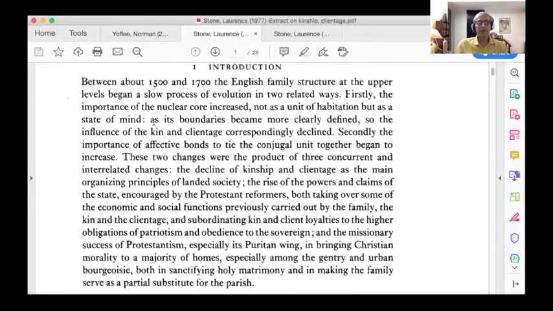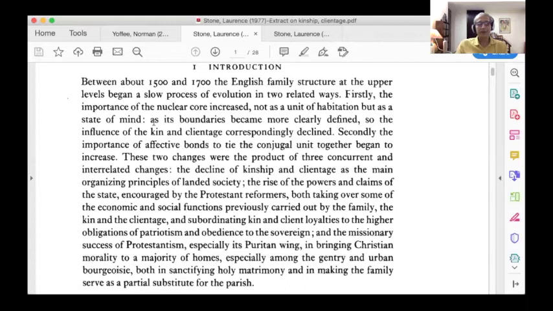Firstly, the importance of the nuclear core increased, not as a unit of habitation, but as a state of mind, as its boundaries became more clearly defined, so the influence of kin and clientage correspondingly declined. Secondly, the importance of affective bonds. Affective bonds are bonds of sentiment, bonds of emotion, and so on, of affect, to tie the conjugal unit together began to increase.